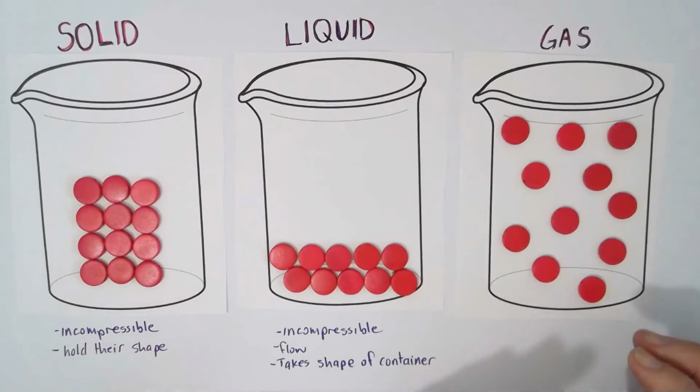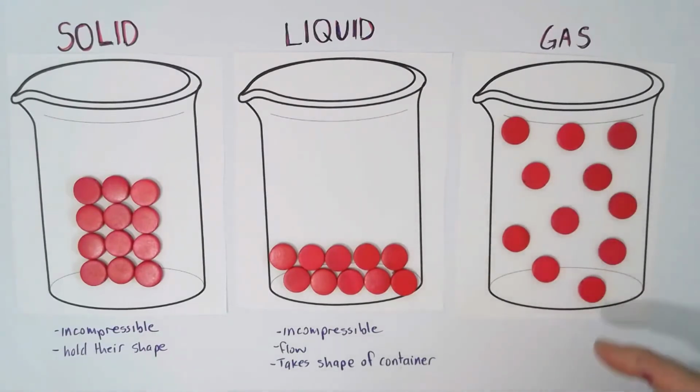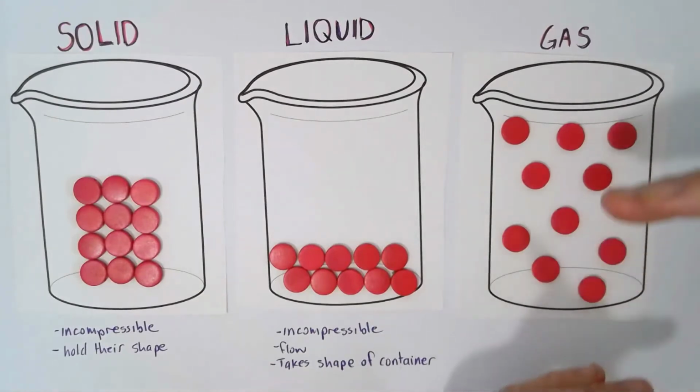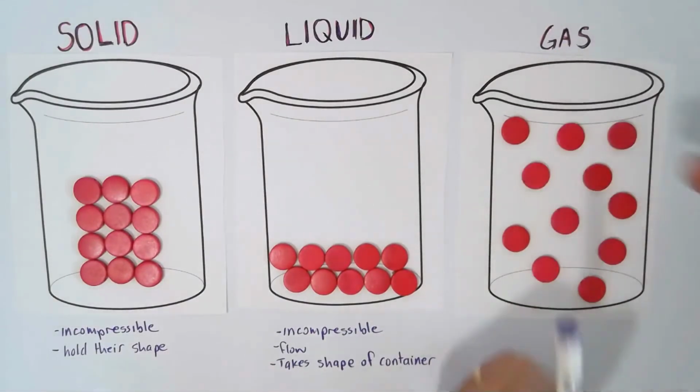And finally, with a gas, because there's large gaps between each of the particles, it's possible for a gas to be compressed. And what's happening there is it's just taking out those gaps in between the gas particles. So it's compressible.